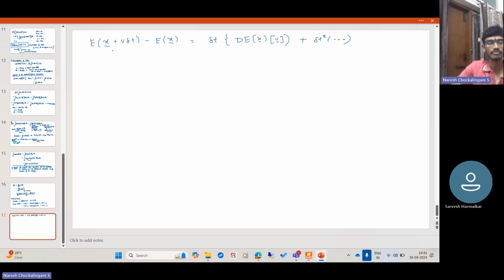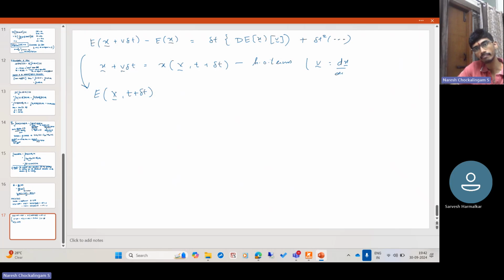But x plus v delta t is nothing but some x of X comma t plus delta t, minus some higher order terms. So you can write it as E of x of X comma t plus delta t. This is the change in position x. Why is this so? This is because v is equal to dx by dt, right? The material time derivative of the position with respect to time is v.